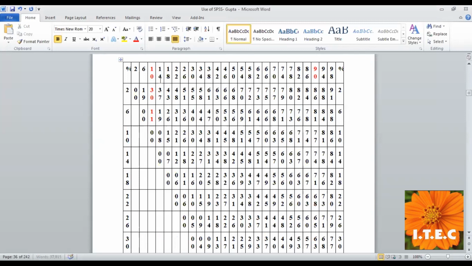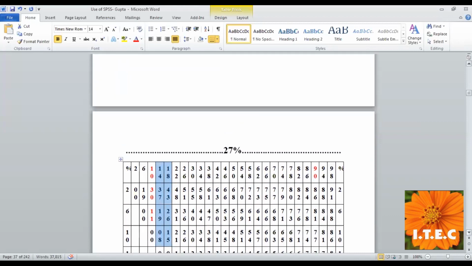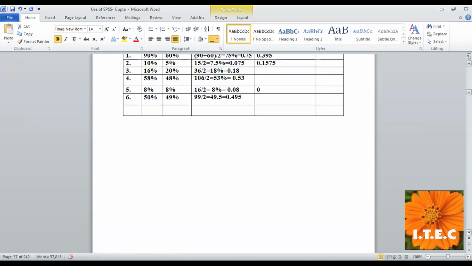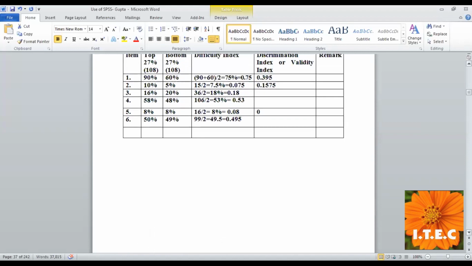So the 16 will be between 14 and 18. That is the 16. And then you have the 20. It is 16 and 20, not 10.